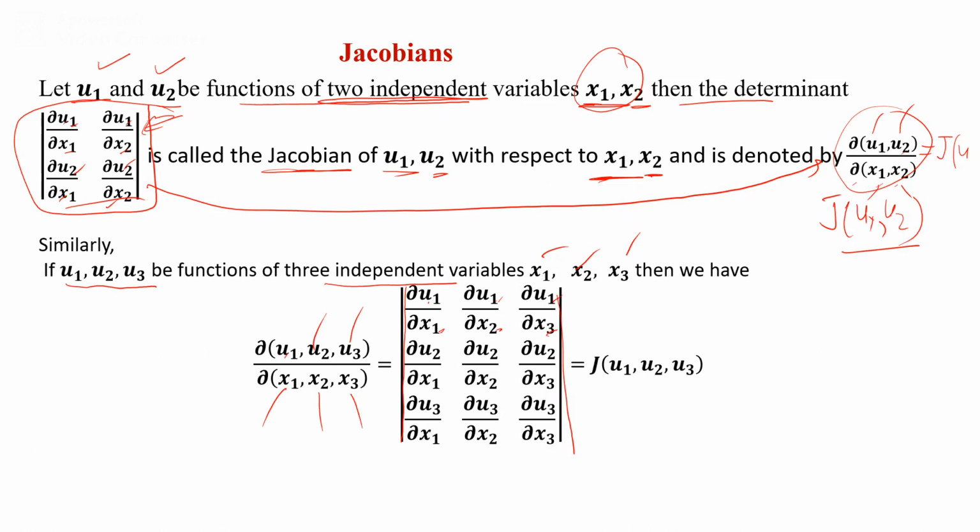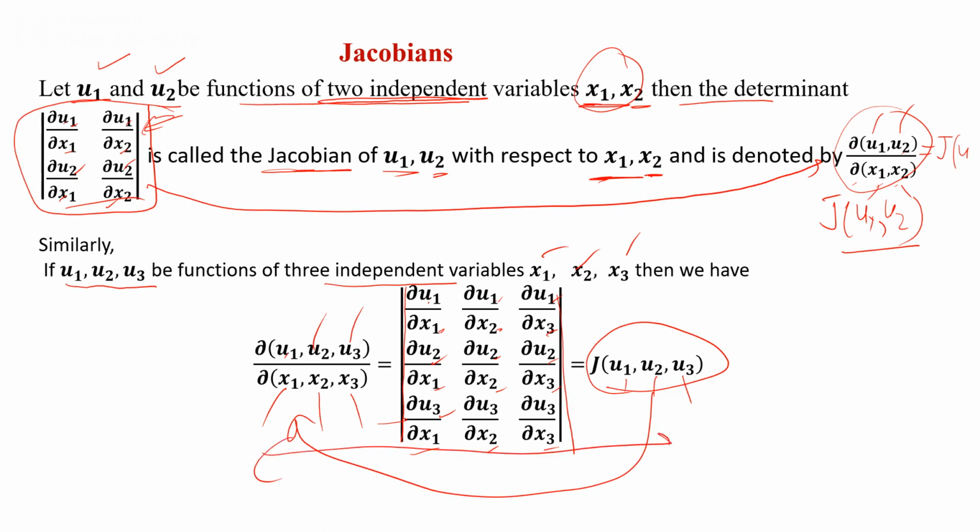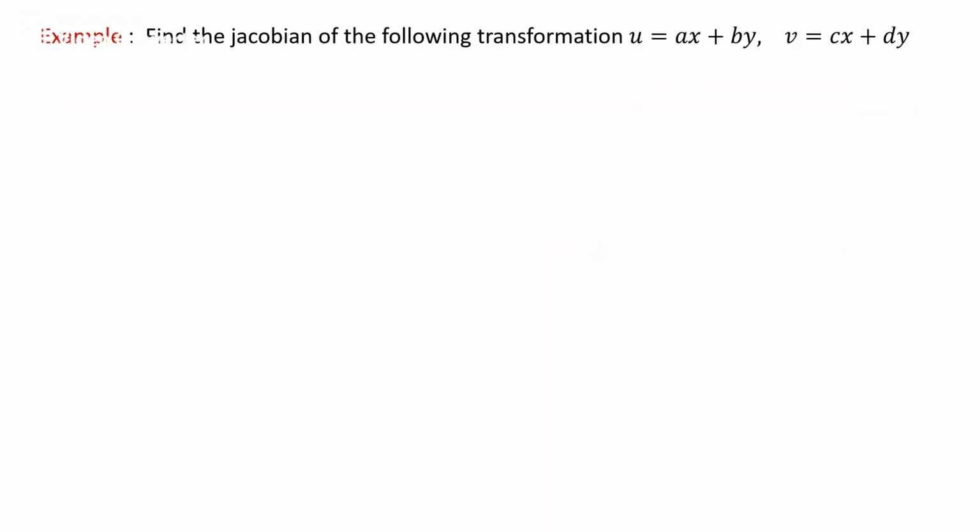In the second row, the partial derivative of u2 with respect to x1, x2, x3, and in the third row, the partial derivative of u3 with respect to x1, x2, and x3. Or sometimes we can write J of u1, u2, u3. In a similar way, we can write this for n functions having n independent variables. Now we take a simple example.